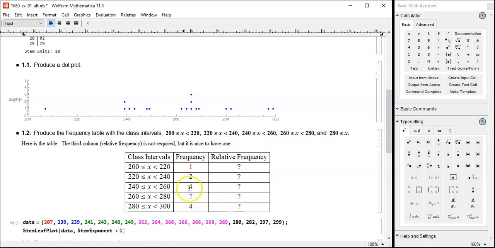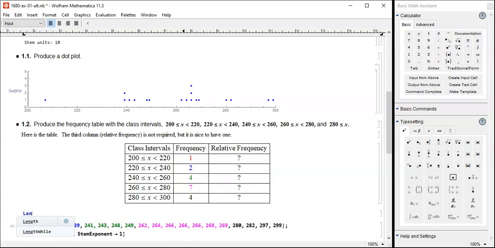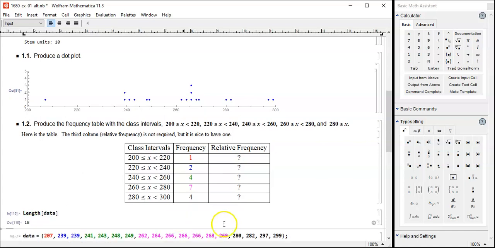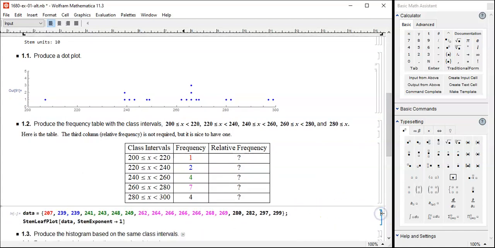What is relative frequency? Percentages of all these. So how many total are there? Let's see, 8, 10, there are total 18 numbers. Yeah, there are total 18 data.